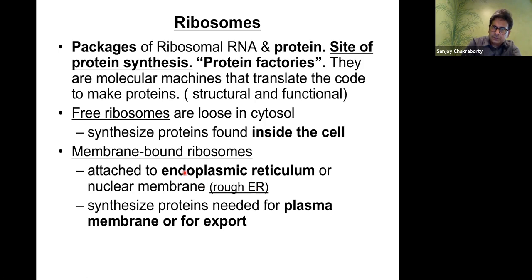Ribosomes attached to the rough ER also make a lot of protein. Those proteins normally get modified and transported, either to the plasma membrane, so they make the plasma membrane proteins, or outside of the cell. The ribosome's job is to make protein.